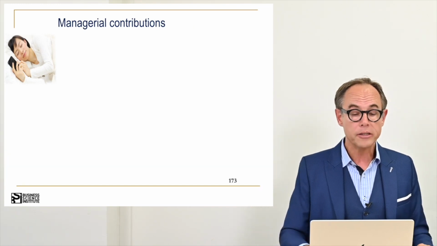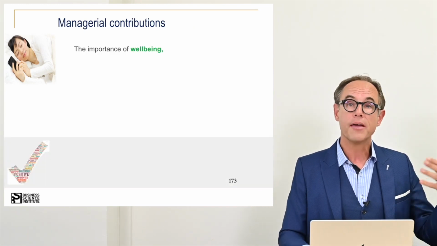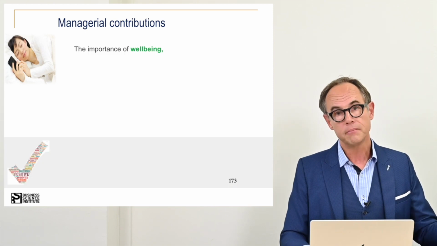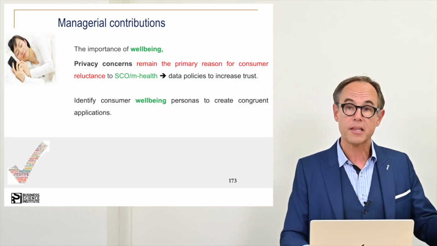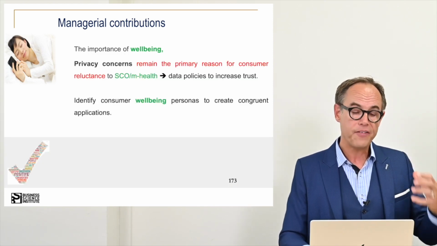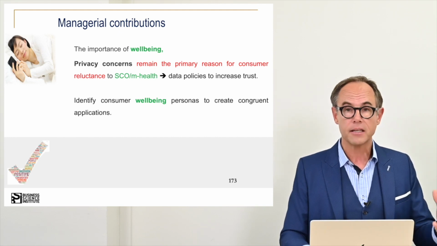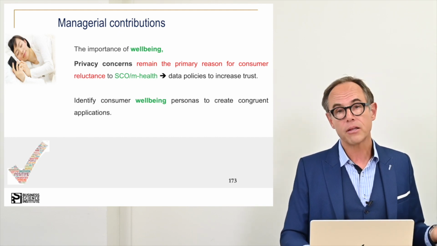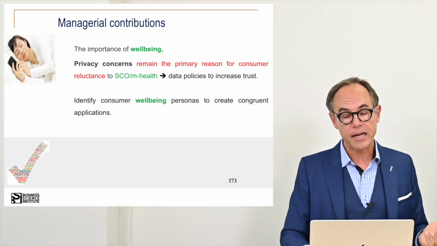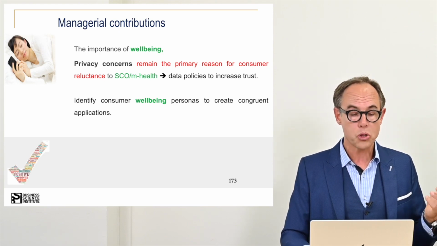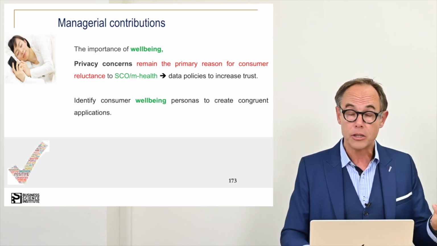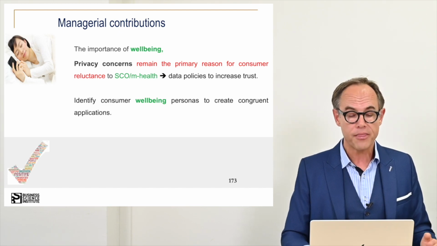And to finish, the managerial contributions: we show the importance of the concept of well-being. It's a very important concept, next to satisfaction, an affective concept impacting usage. Privacy concerns remain the primary reasons for reluctance to share data and to adopt smart health, mHealth apps.